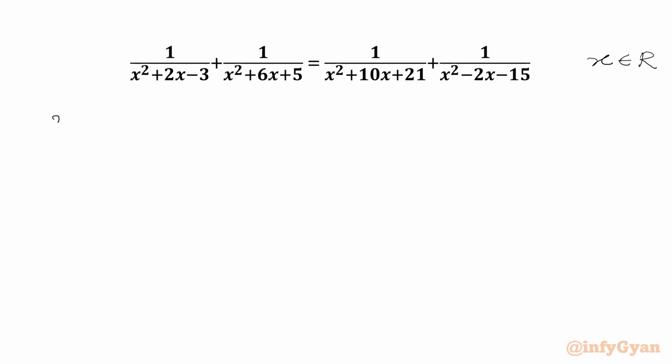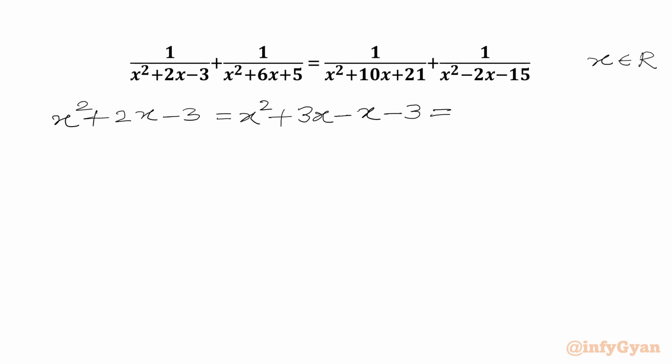If I write here x square plus 2x minus 3, then x square plus 2x can be written as 3x minus x, which is 2x, minus 3.